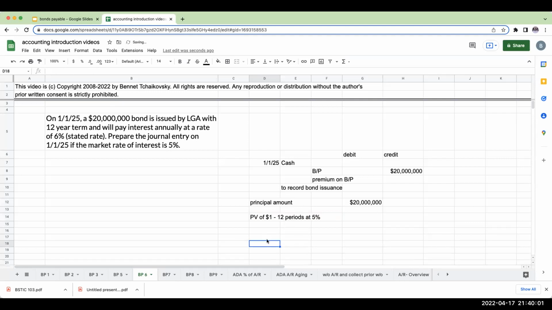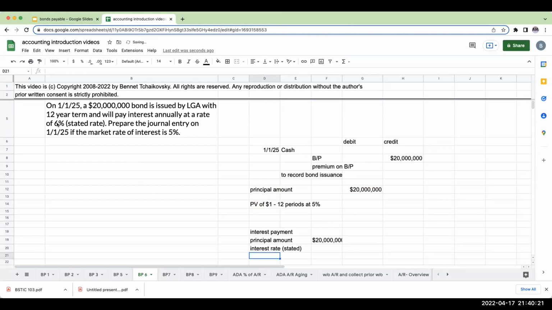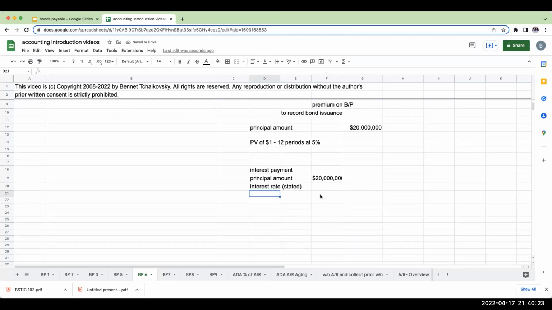Now, what else is this bond going to pay us? I'm also going to have my interest payment. How do we figure out the interest? It's going to be the principal amount. Principal amount is 20 million. My stated interest rate, very important, is 6%.